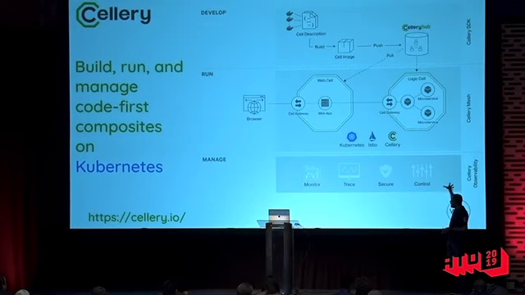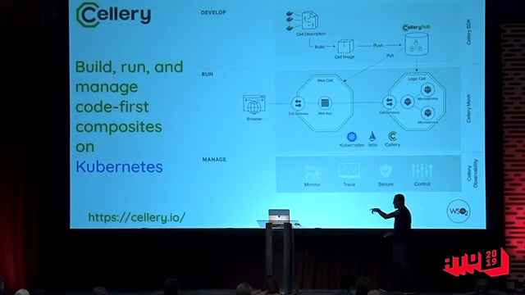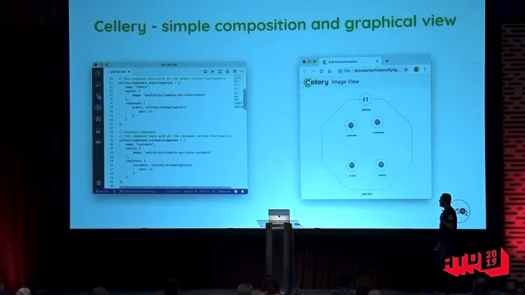Then you have a runtime layer that contains Kubernetes, Istio, and the Cellery runtime. And then you have the developer or dev layer, where you define all these cell descriptions and push them to the runtime. So if you go to cellery.io, you can download this project. Then some example code.